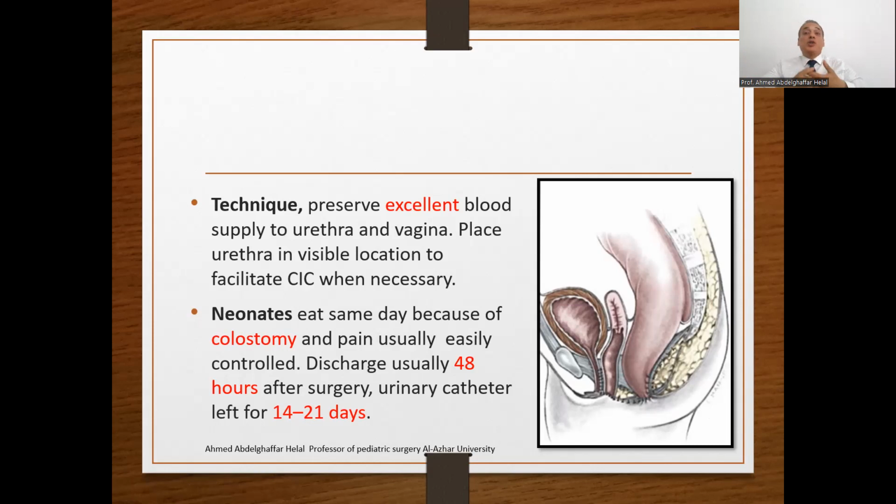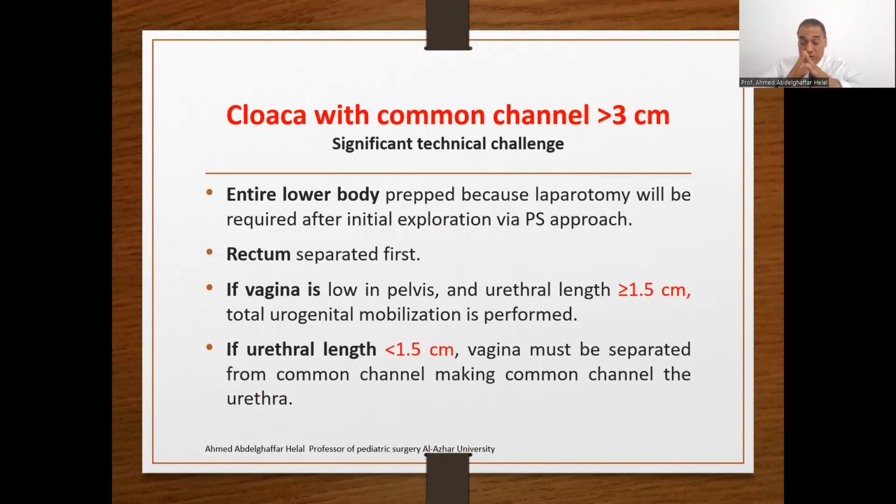This is the simplest or the benign part of the spectrum of cloacal malformation, with a common channel less than 3 cm. On the other side, if the pediatric surgeon faces a cloacal malformation with a common channel more than 3 cm, this is a significant technical challenge. The entire lower body of the baby needs to be prepared because the surgeon will need laparotomy after initial exploration through the posterior sagittal approach.